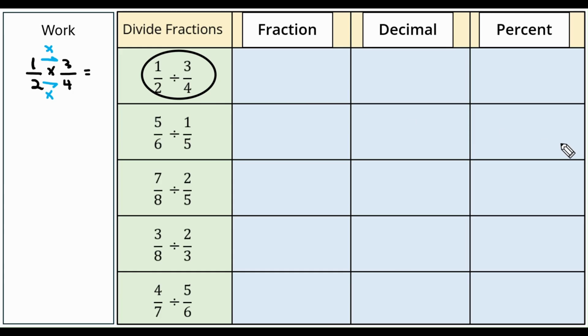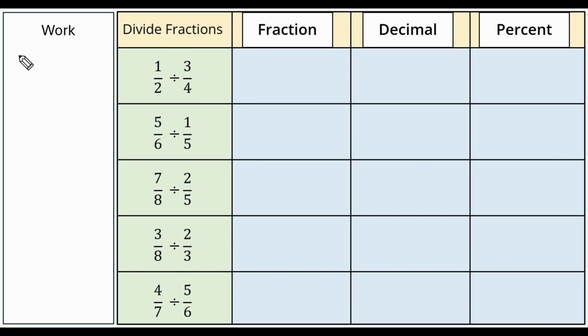Numerator times numerator, denominator times denominator, top number times top number, bottom number times bottom number. So 1 times 3 is 3, and 2 times 4 is 8, and you're done. But this is a division problem, so there's just one extra step that you have to do.